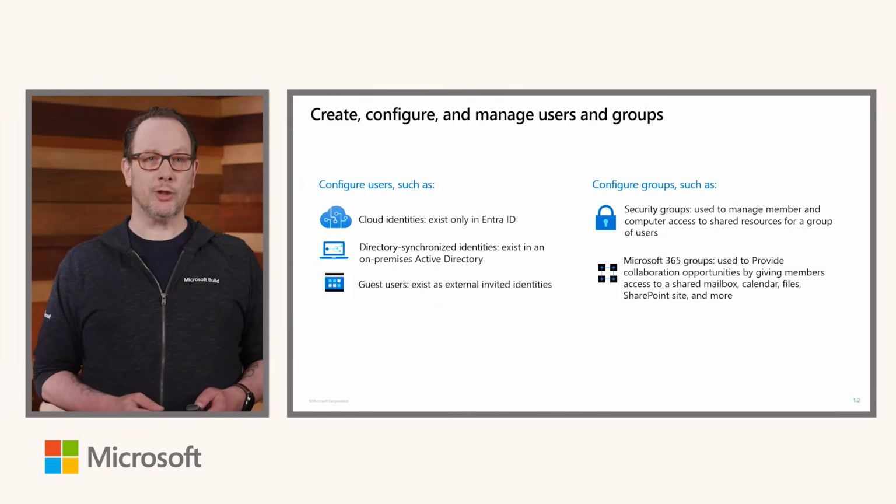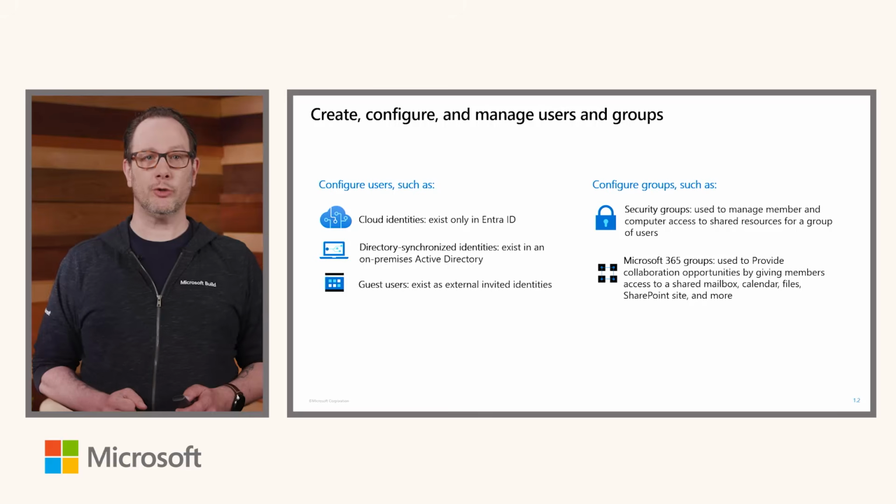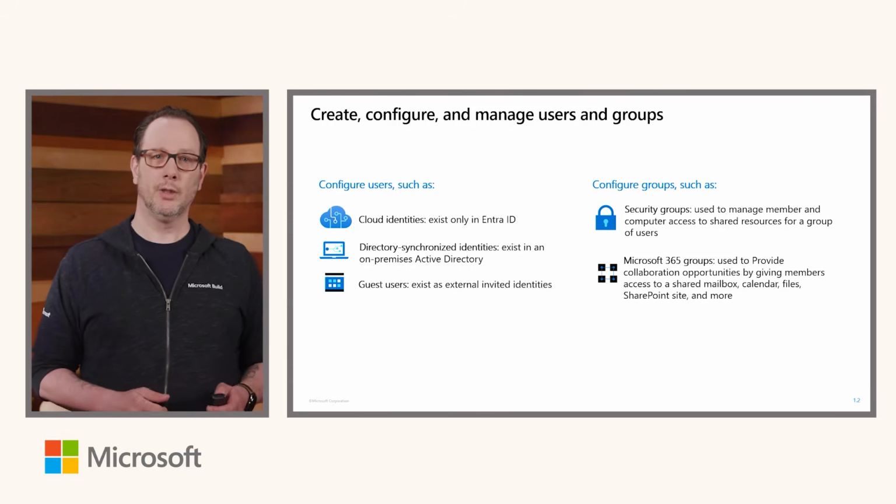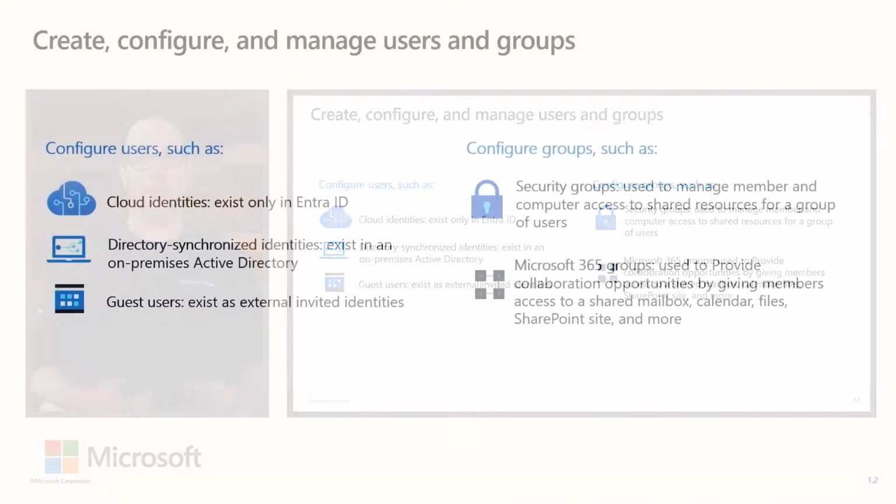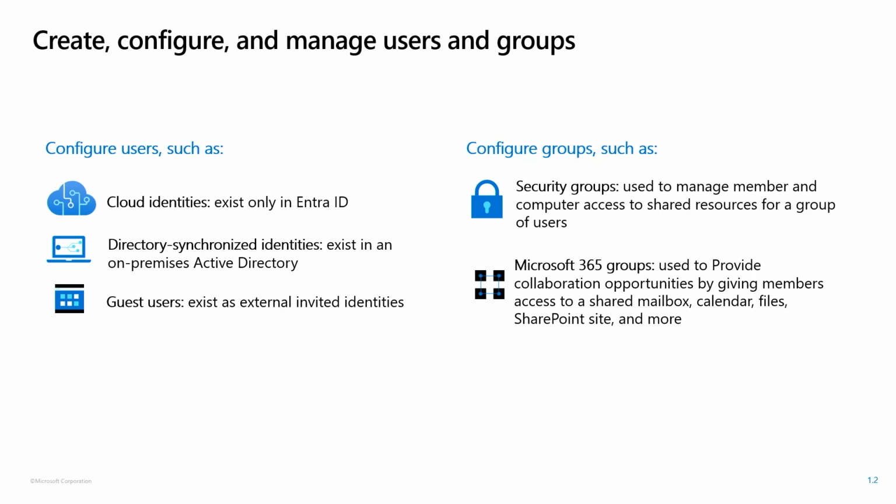After configuring the tenant properties and branding, you will focus on user and group management. Users can end up in your tenant directory in a couple of different ways. Cloud identities, which exist only in Entra ID. You might have directory synchronized identities coming from an on-prem Active Directory and domain.